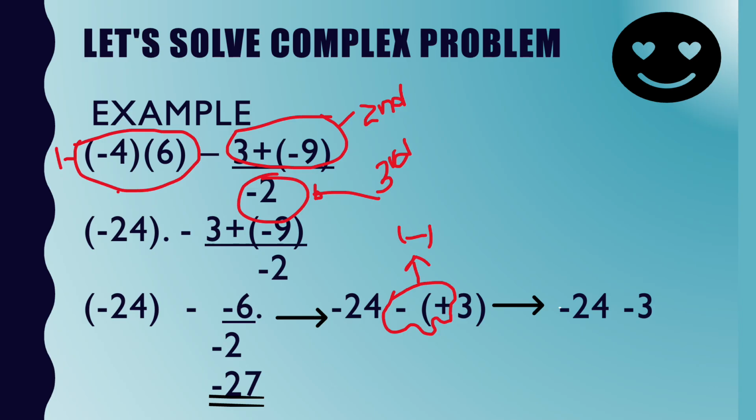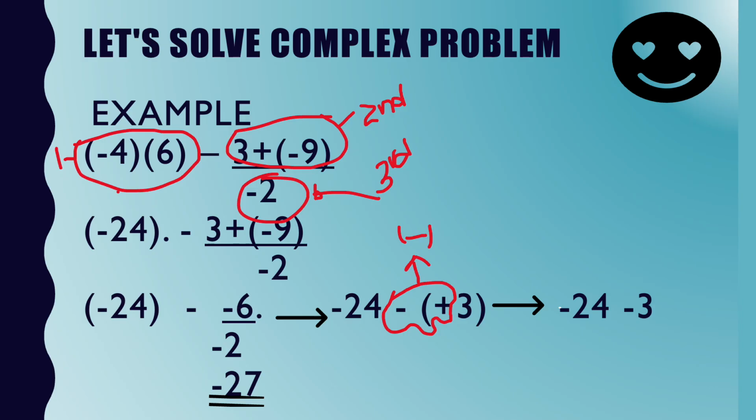Now we got minus 24 minus 3. This is the same sign, so what is the answer? Minus 24 minus 3 is going to be minus 27.